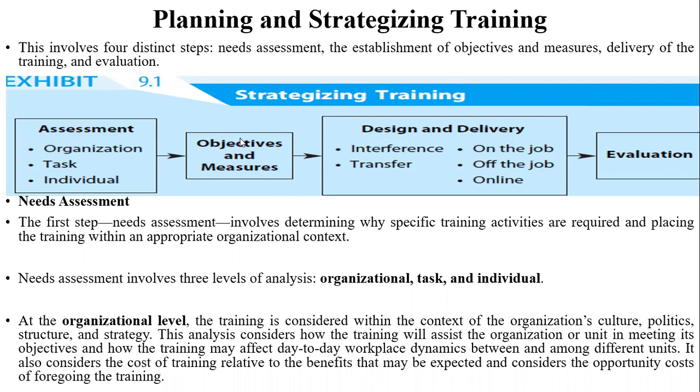And these objectives will become the things that you will set forth to utilize the training program to attain. In other words, the objectives will tell you where the training program is going and how you will know you have arrived when you get there. Okay. Then the design and delivery has been matched. Then evaluation. So let's take it one by one.